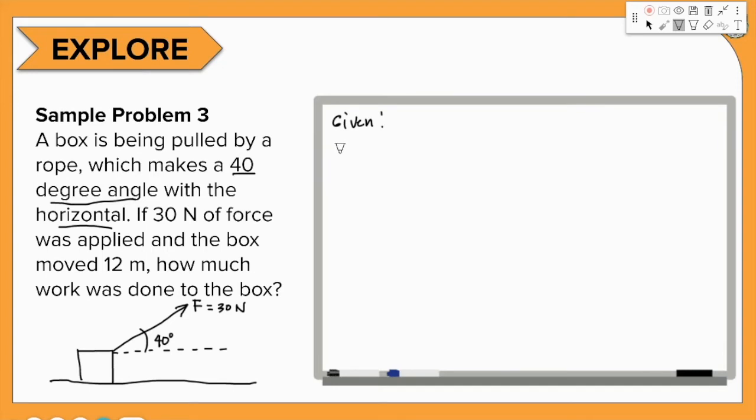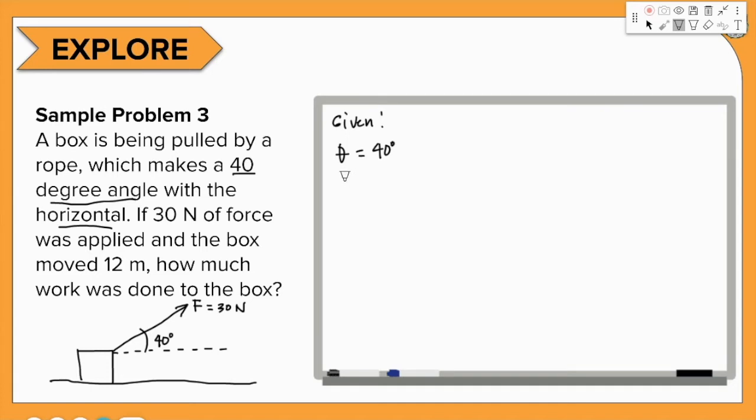The angle of 40 degrees, I can just write as the Greek symbol theta, and I put there 40 degrees. Don't forget the degree symbol as well. It's like a small letter o above the value for the angle.